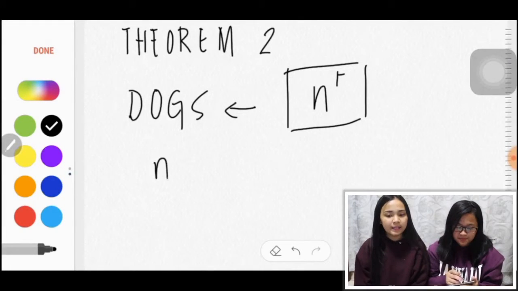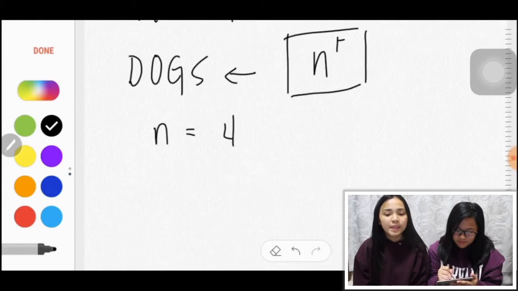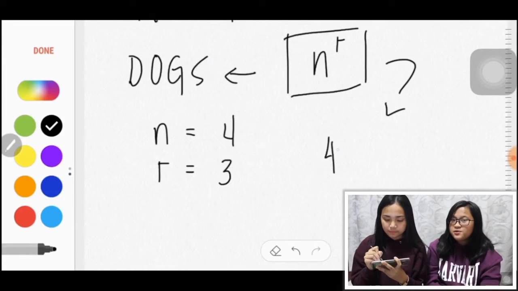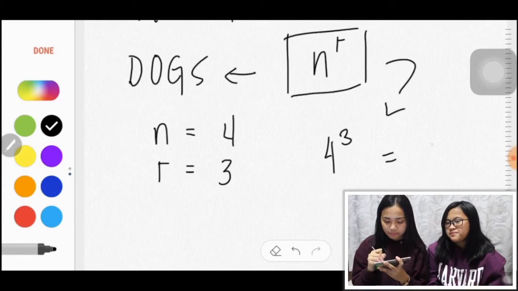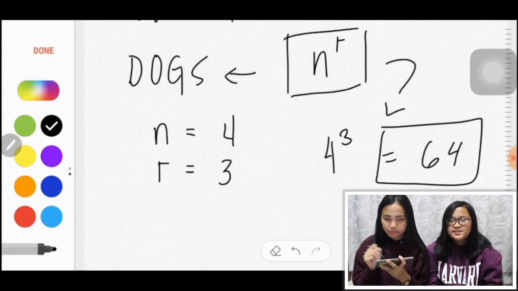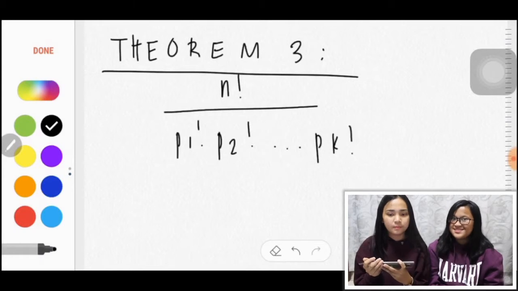In here, n is equal to the number of letters we can choose from, which is 4. And r is equal to the number of letters in the required word, which is 3. And so n raised to r will be 4 raised to 3, which is equal to 64. And so there are 64 words that can be possibly formed.